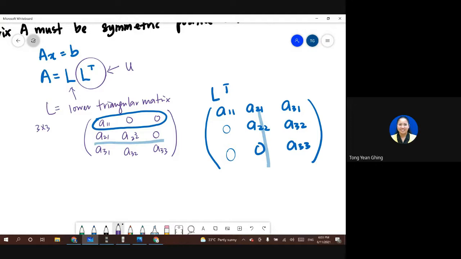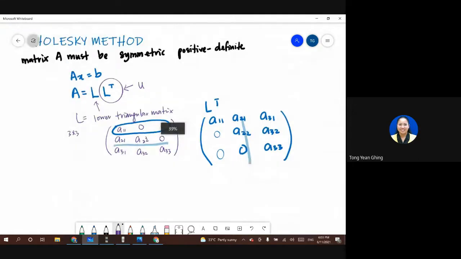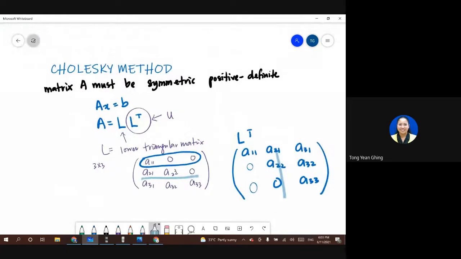Going back to what I mentioned just now, when we want to solve the system of linear equations using the Cholesky method, we have to make sure that matrix A is symmetric, positive, definite.